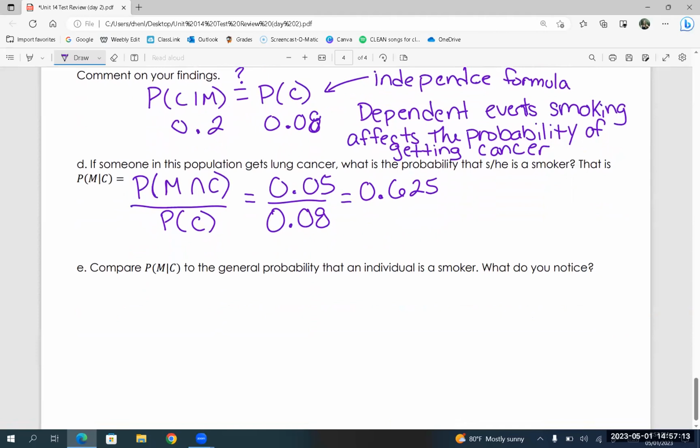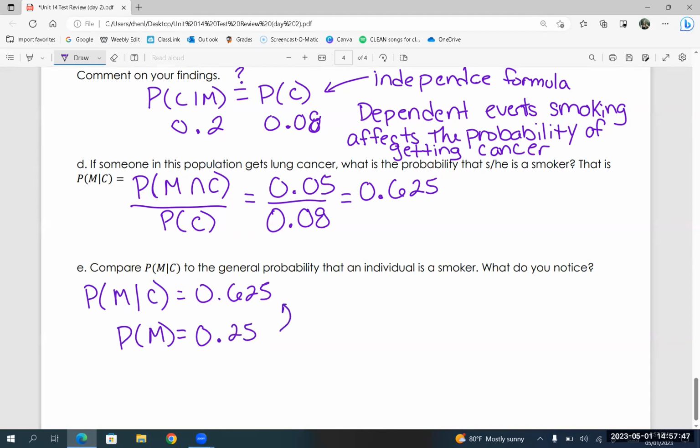Okay, part E: compare the probability of M given C to the general probability that an individual is a smoker. What do you notice? Again, we're just making that comparison between the two probabilities. The probability of M given C we just found to be 0.625, whereas the probability of just smoking, M, was 0.25.